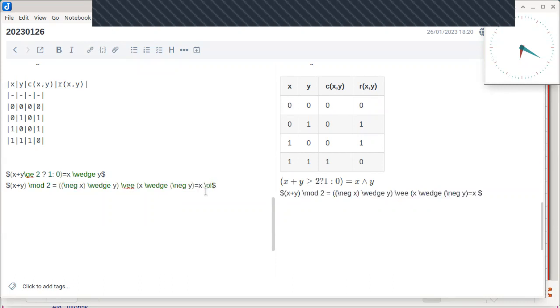Exclusive OR usually uses this particular symbol to represent it. The circle with plus is typically used to express exclusive OR. So exclusive OR is a 1 if only one side of the operator is a 1 and the other side is a 0. It's the opposite of equivalence.